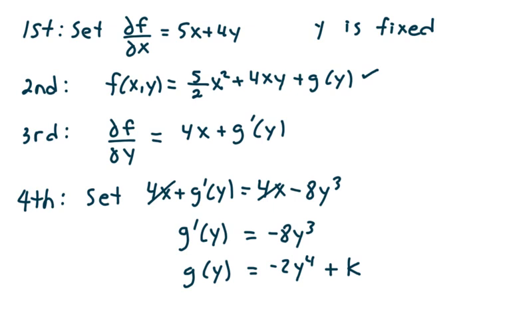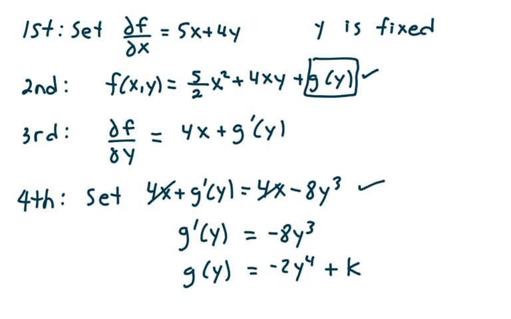So from here, we're going to take the partial of f with respect to y, and when we do that, we get 4x + g'(y). And so we're going to set 4x + g'(y) essentially equal to N(x,y), and try to get a handle on g(y). So 4x + g'(y) = 4x - 8y³.